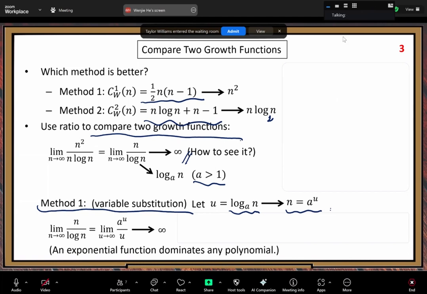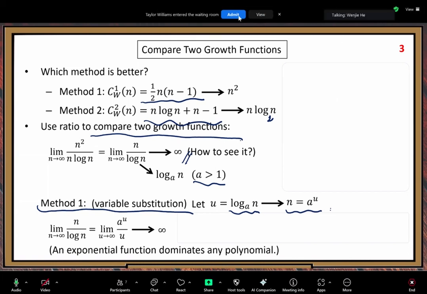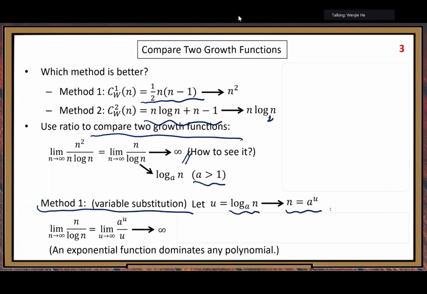Why can you represent it in that way? Because that's the definition of the log function. So in this new form, log is gone. We feel a little better.